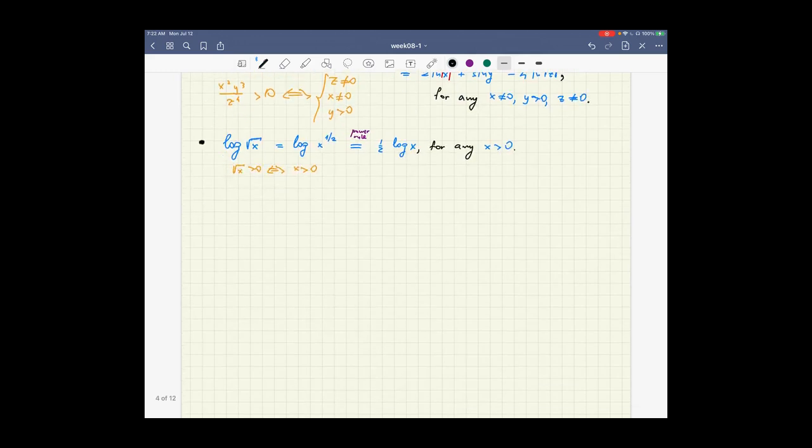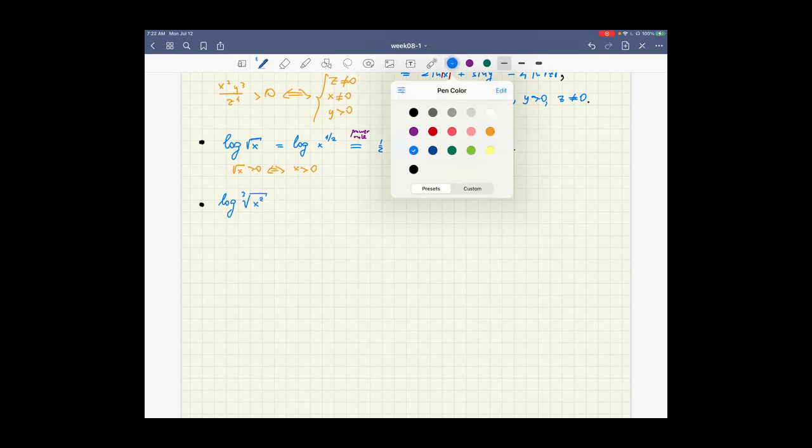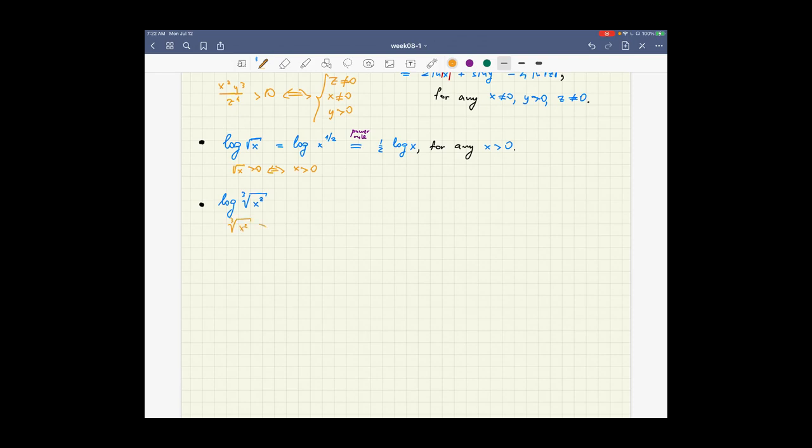In the next problem, we have log of cubic root of x squared. And again, the question is, when does this exist? We need cubic root of x squared to be strictly positive.